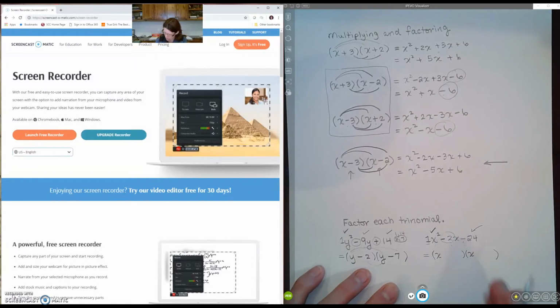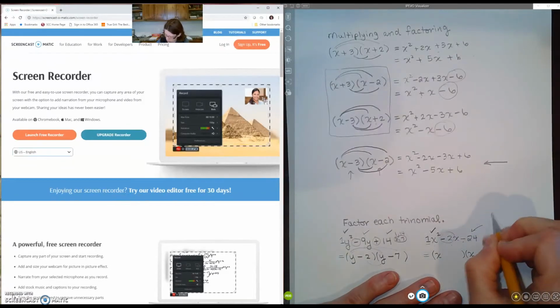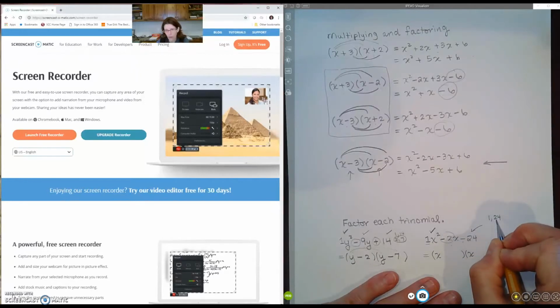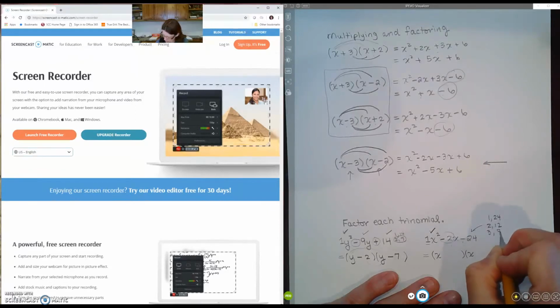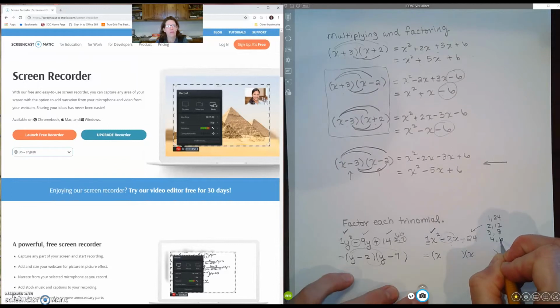Okay, so as we think about factors of negative 24, we might use a 1 with a 24, a 2 with a 12, maybe a 3 with an 8, or a 4 with a 6. And remember that one of these will be positive and the other negative.